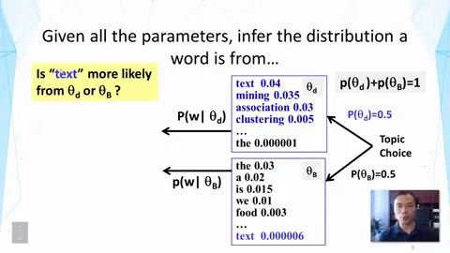So can you see what is our prior here? Well, the prior here is the probability of each distribution, right? So the prior is given by these two probabilities. In this case, the prior is saying that each model is equally likely, but we can imagine perhaps a different prior is possible. So this is called a prior because this is our guess of which distribution has been used to generate the word before we even observe the word.